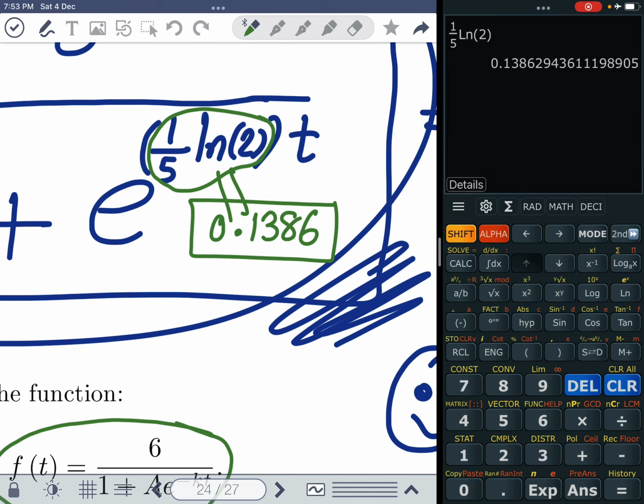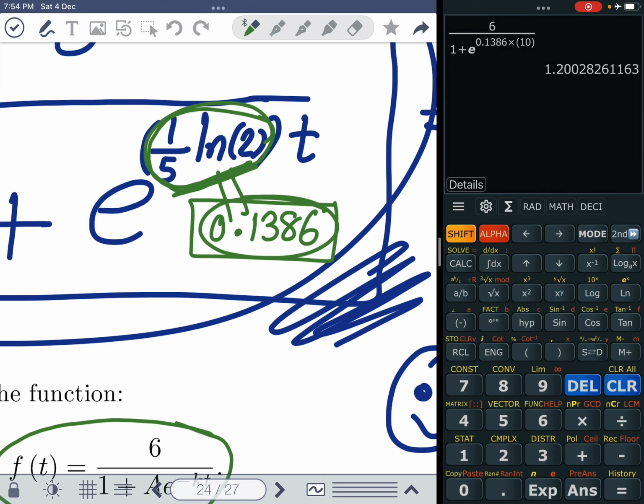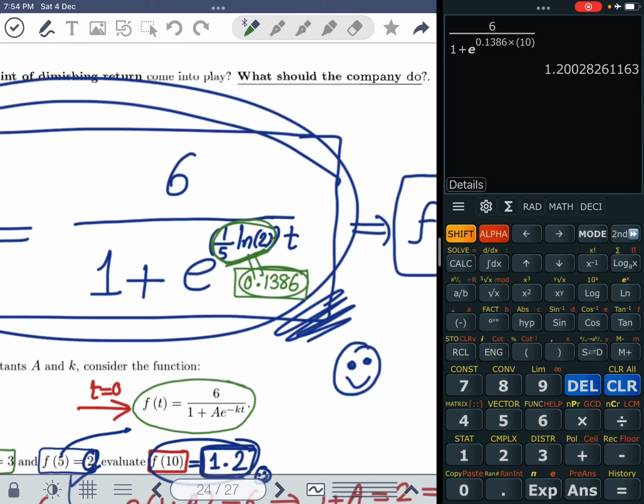If you go back to here, instead of 1 over 5 ln 2, you will write 0.1386. And let's go back and check. At 0, I'll get 3. Then at 5, I get 2 almost. And then at 10, I got 1.2. You see, you can approximate the k if you'd like. Instead of putting the exact answer, you can put an approximate answer and get the answers as well. And so I will stop here.